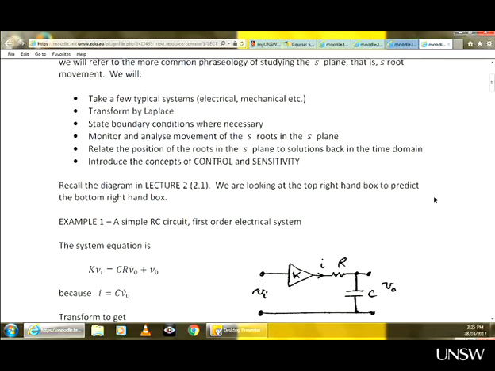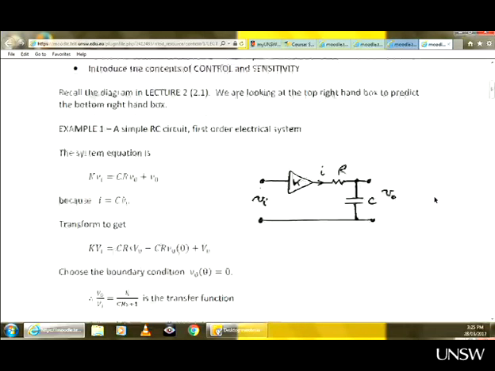Without too much introduction, we want to see more about the properties of different systems if we are only working in the S domain, without going into time domain. So looking into the S domain characteristics, we want to find something about what is happening in the time domain.